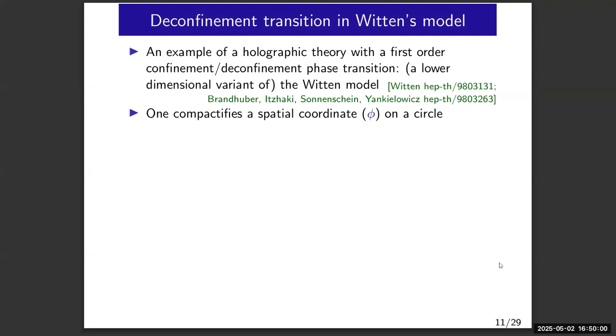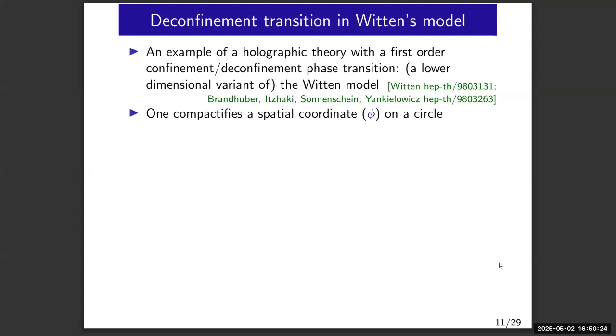So we will be using Witten's model. This is a very well-known example of a holographic theory with a first order confinement-deconfinement phase transition. Due to simplicity, what we'll be using is a lower dimensional variant of the Witten model. The original Witten model is a 6-dimensional construction.